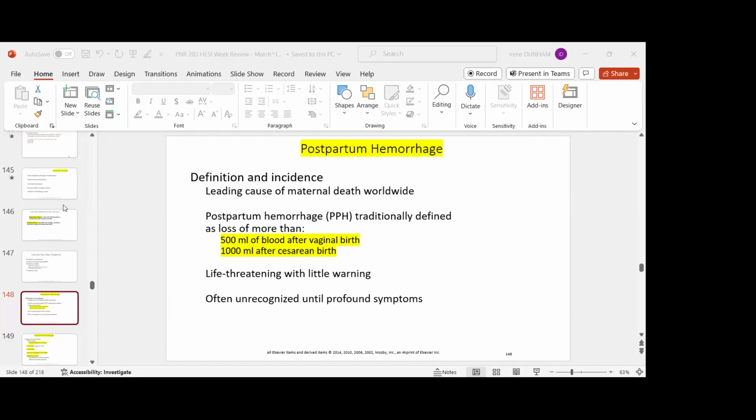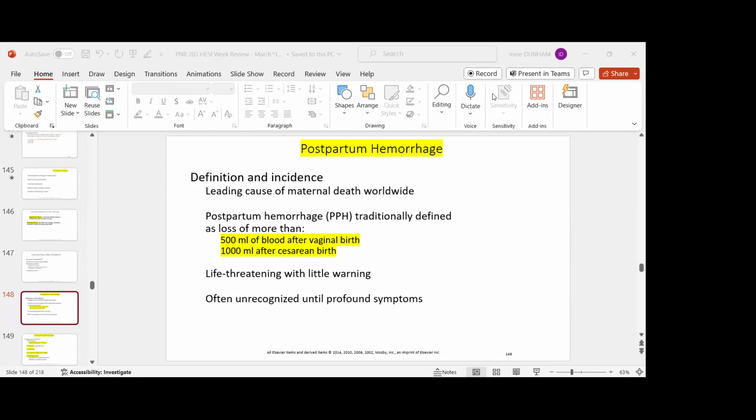All right, so HESI always has a question about postpartum hemorrhage, because it's a leading cause of maternal death worldwide. It's life-threatening, there's little warning, and she can go rather quickly on you. So you need to know that in a vaginal delivery, if she has a blood loss of 500 mLs or greater, you have a hemorrhage.